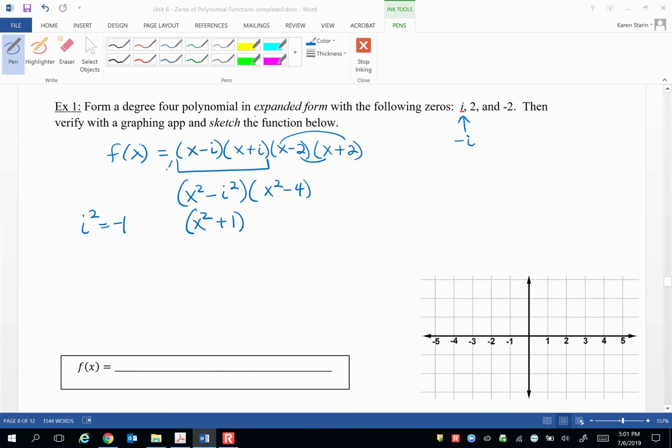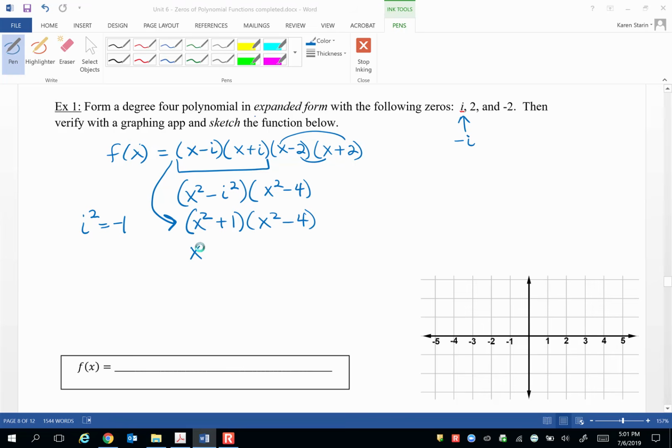So eventually we'll be able to take this shortcut and know we square the first term and square the imaginary term and then say plus, because i squared is always -1. Now we still have to multiply x squared plus 1 times the quantity x squared minus 4. We just have to do a distribution of x squared and a distribution of +1.